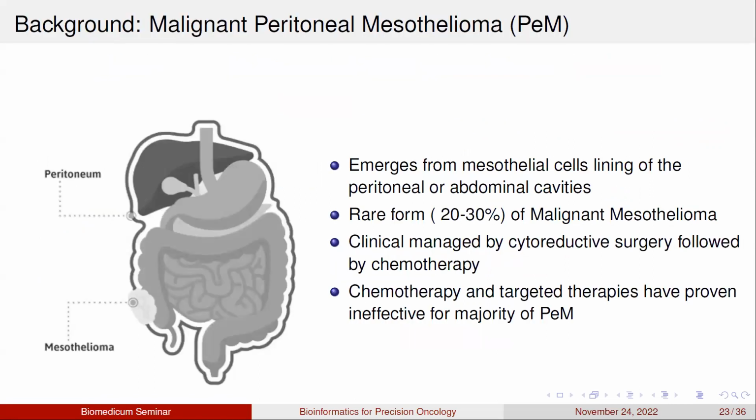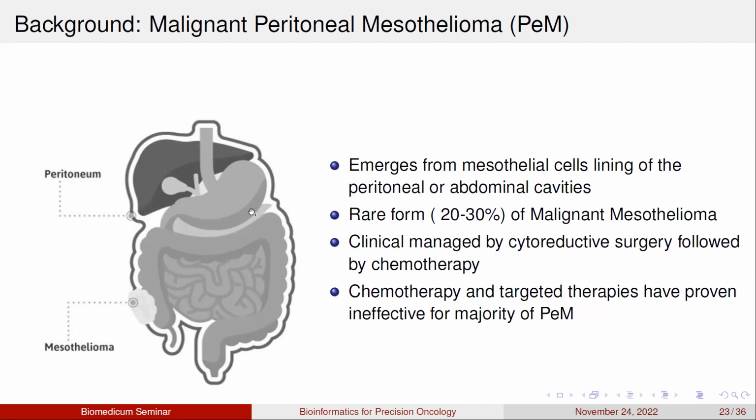To introduce malignant peritoneal mesothelioma, this is a very rare cancer that arises in the lower abdominal cavity, mostly in women, but men also get it. This mesothelioma arises around the peritoneal lining of the lower abdomen.